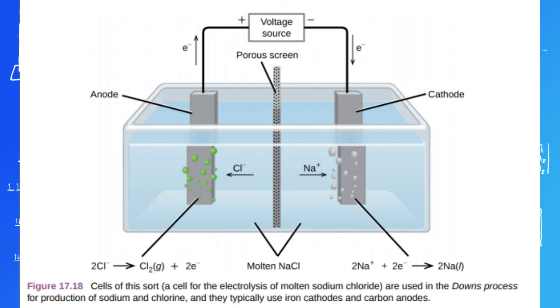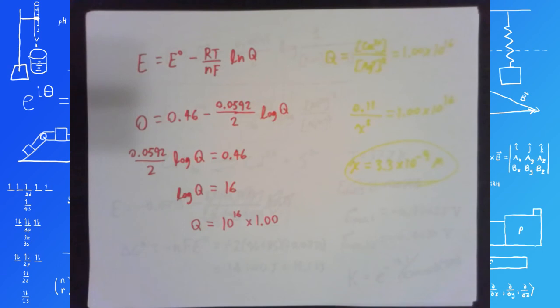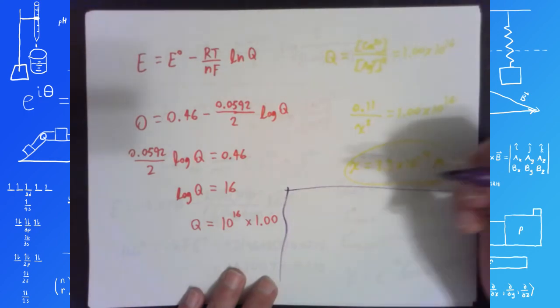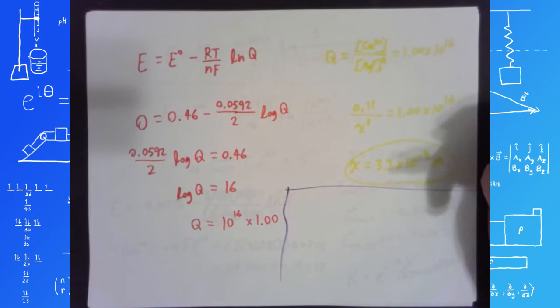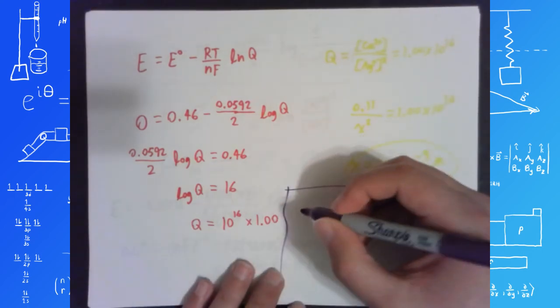Now, calculation-wise, you can definitely keep track of the progress of electrolysis and how quickly you can electrolyze a salt, as long as you know a couple of things.